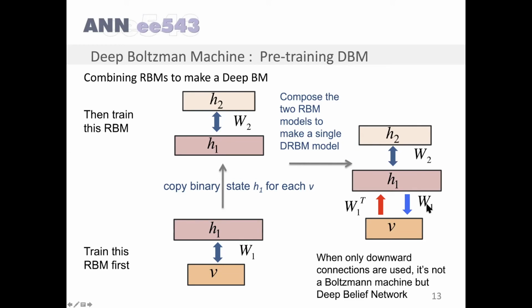Here we have connection matrices W1 and W2. In the forward direction, we consider the transpose of the connection weights, but in the reverse direction, we use W1 itself. And only downward connections are used. It is called a deep belief network.